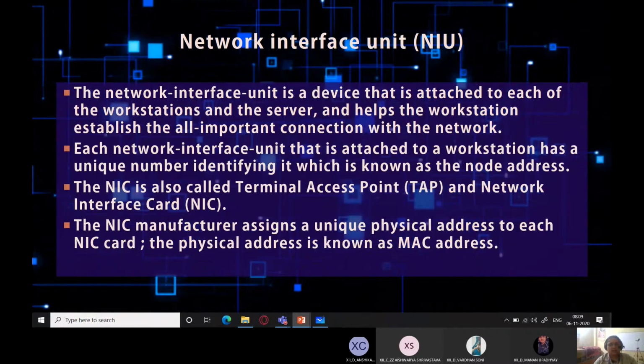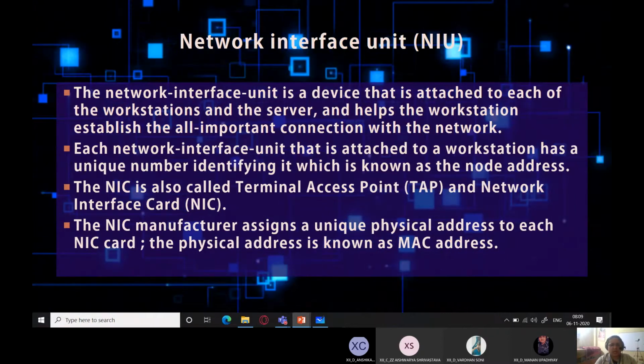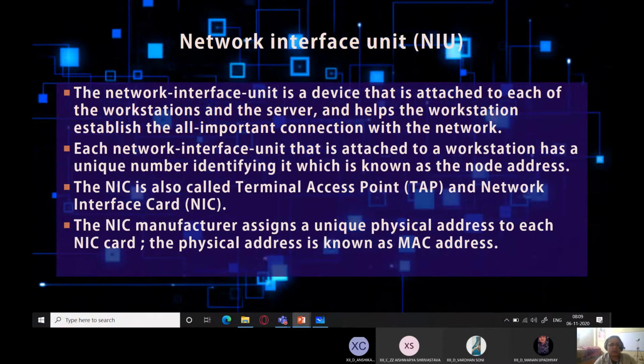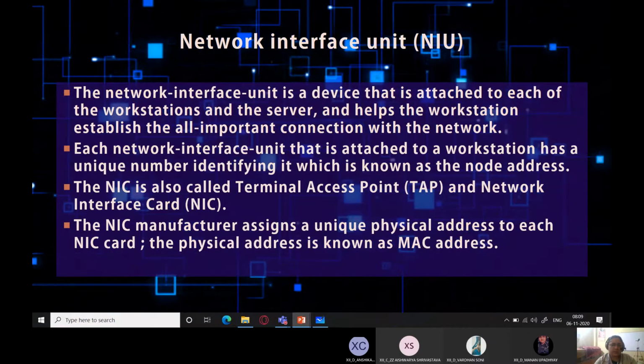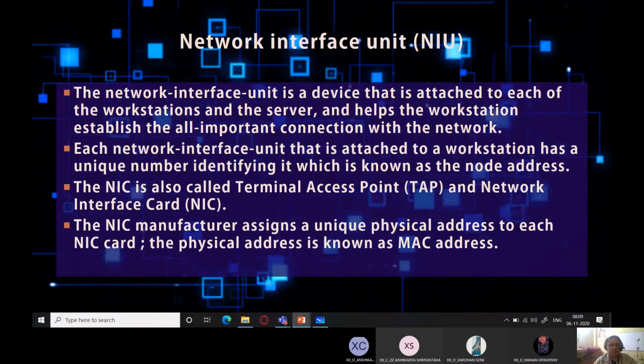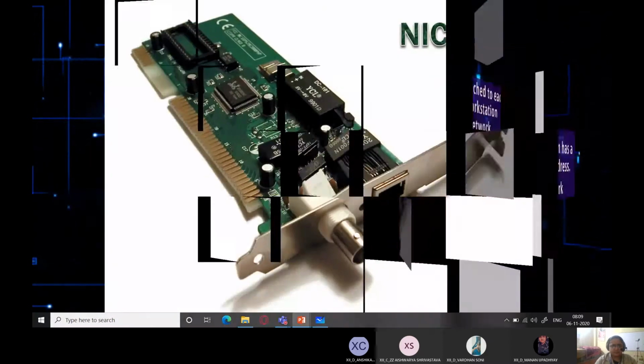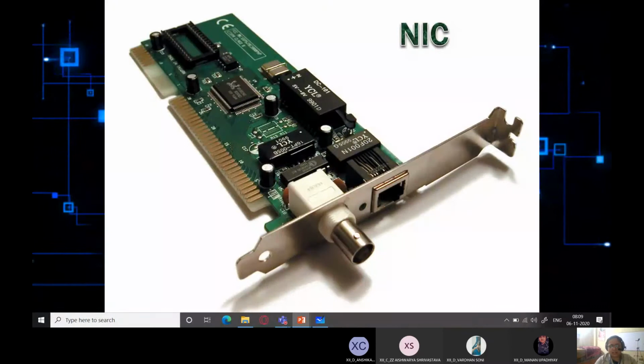The telephone lines are used to carry all the data in the form of electrical signals. Got it? So this is your NIC, the network interface card.